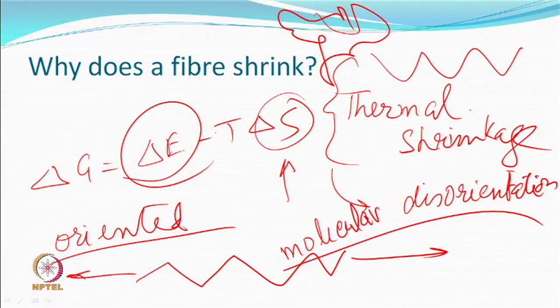So, if someone says, so why polyester cannot do that? Oriented. That is because of this. That is, during this process of drawing, heat setting, etc., you are doing crystallization also.